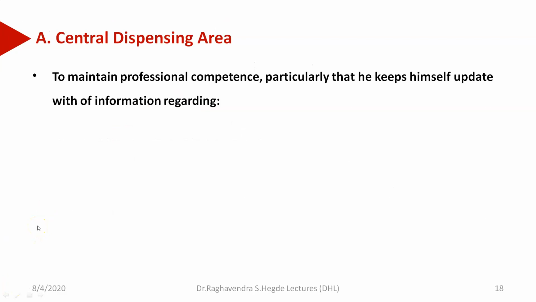To maintain professional competence, particularly that keeps himself updated with information regarding any profession, he should always keep updating himself. Otherwise, I would like to give the example of running water and standing still water. Running water, you can drink it, whereas standing still water, we can't drink it because it is liable for contamination.